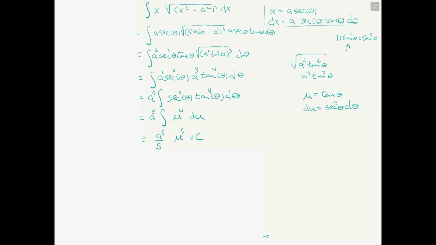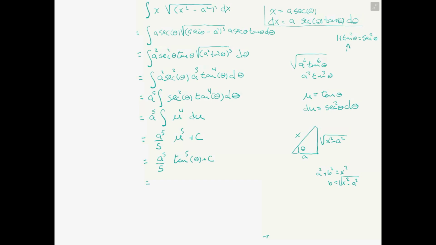Now all we have to do is go back to our original variables, where we have a to the fifth over 5, u to the fifth, which is tangent to the fifth theta plus c, but we're not done, because for tangent theta, we defined theta so that the secant of theta was x over a, and we got a squared plus b squared equals x squared, so b equals the square root of x squared minus a squared.